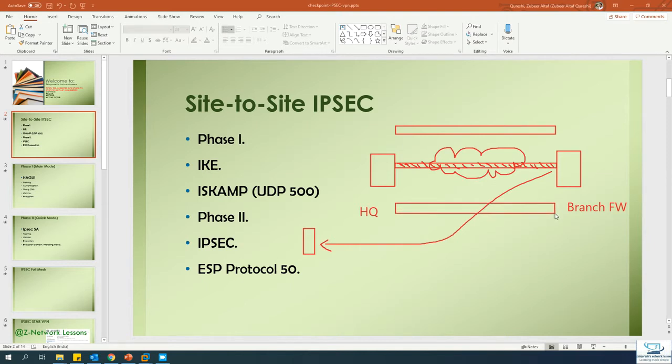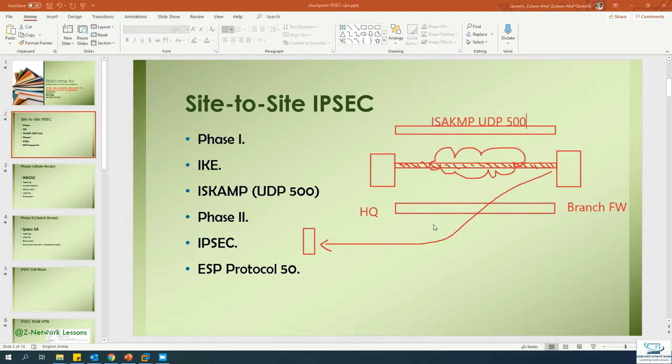Phase 1 is also called your IKE. There are many versions, version 1, version 2, and phase 1 uses ISAKMP, Internet Security Association Key Management Protocol, and it uses UDP 500 to communicate. So in the case that you have two routers forming a tunnel and you have a firewall in between, you have to allow this UDP 500 for phase 1, right?